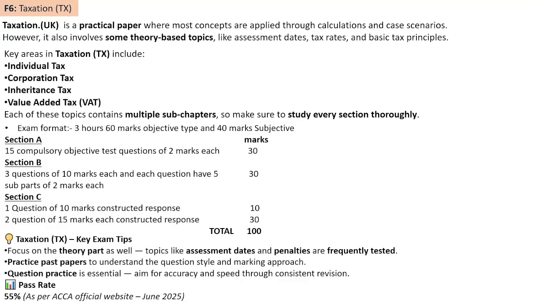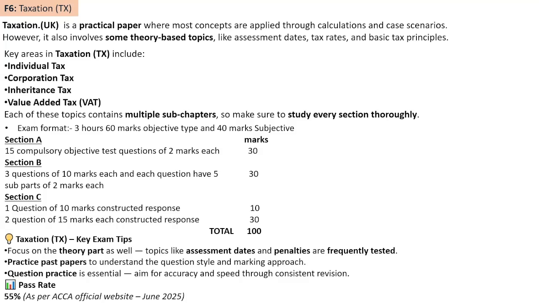The taxation tip is to focus on the theory part as well, like assessment dates and penalties. These are frequently tested. When I gave the taxation exam, I lost 6 to 8 marks just because of the assessment date and penalties, so make sure to revise that. And practice past papers to understand the question style and marking approach.